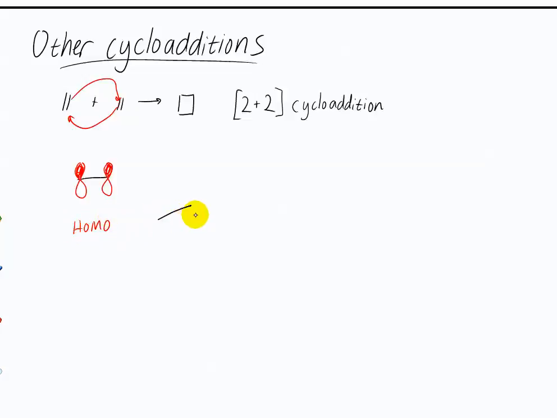And the LUMO of an ethylene looks like that. And as you can see now, these two line up, but these two don't, right? Those phases no longer line up.